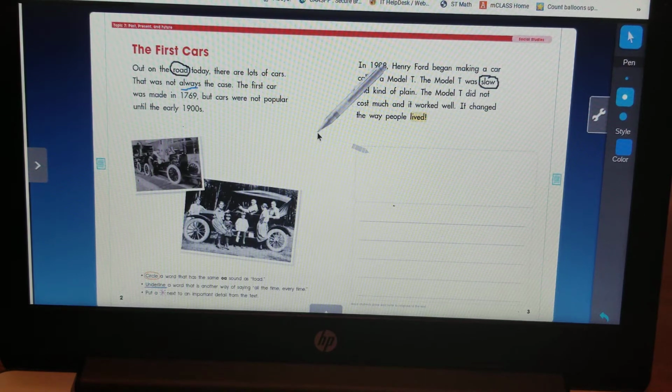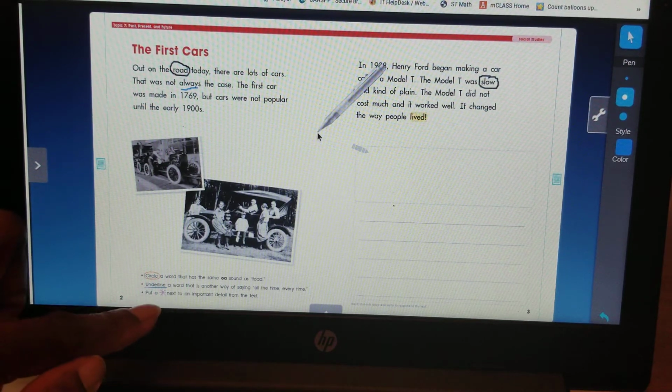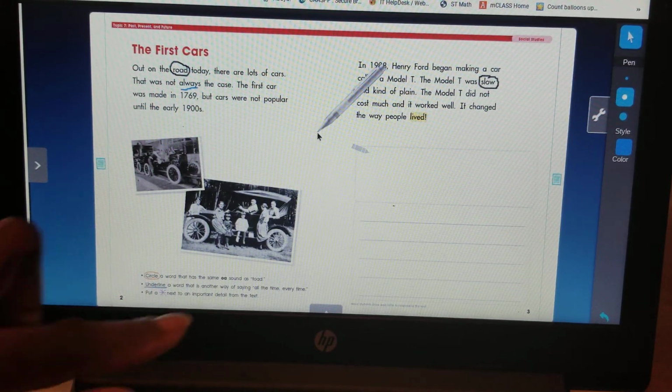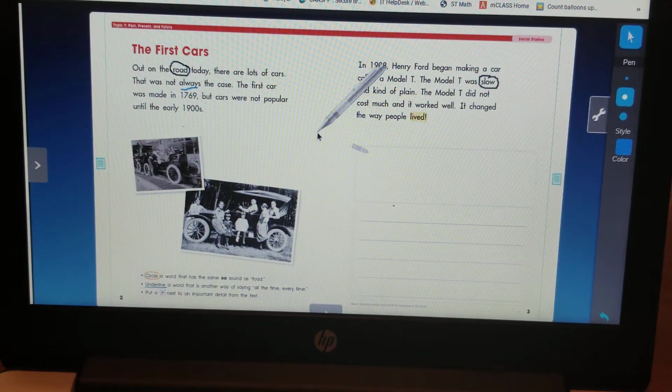All right, last thing we need to do. Put a star next to an important detail from the text. Something that's important that we learned from the story. Well, we learned when the first car was made, and that's very important.